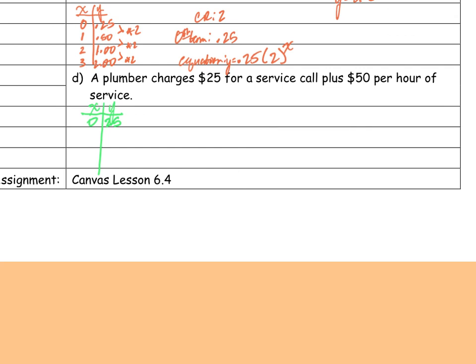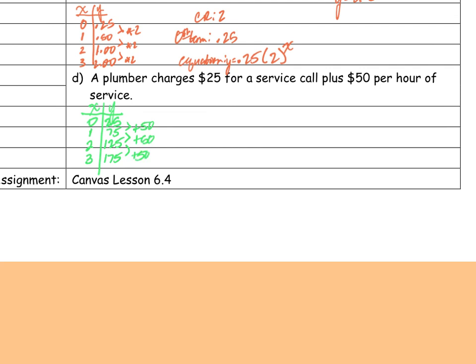Plus $50 an hour per hour of service. So if he works for 1 hour, I owe him $75. And if he works for 2 hours, I owe him $125. And if he works for 3 hours, I owe him $175. So every time it's going up by $50, adding $50.